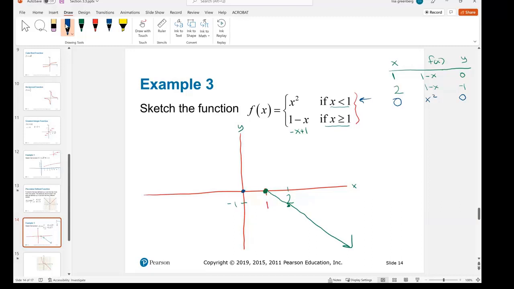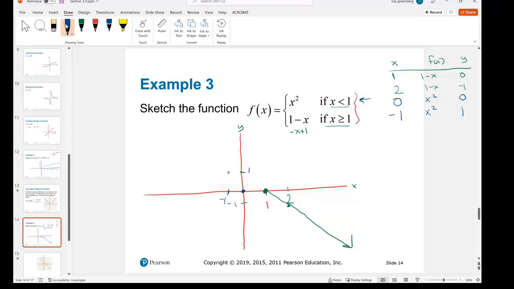When x equals negative 1, let's see what happens. When x equals negative 1, again, I'm using x squared, and negative 1 squared is 1. So when x equals negative 1, y equals 1.